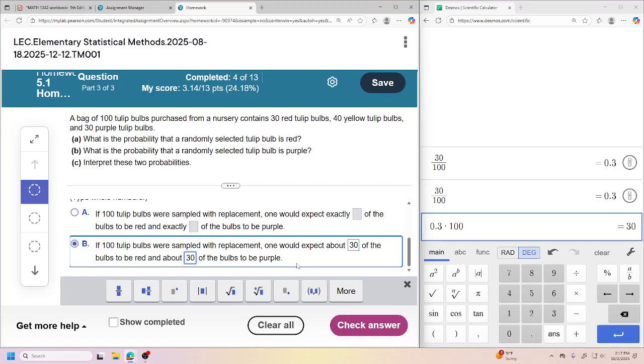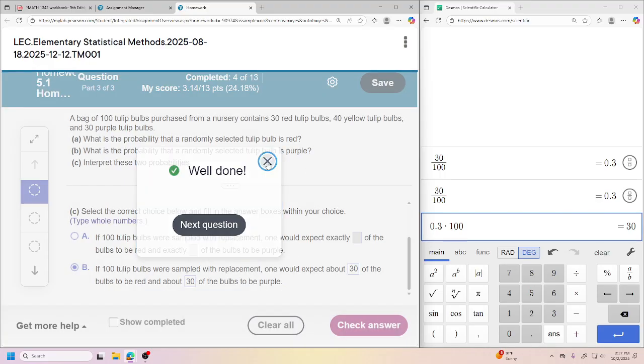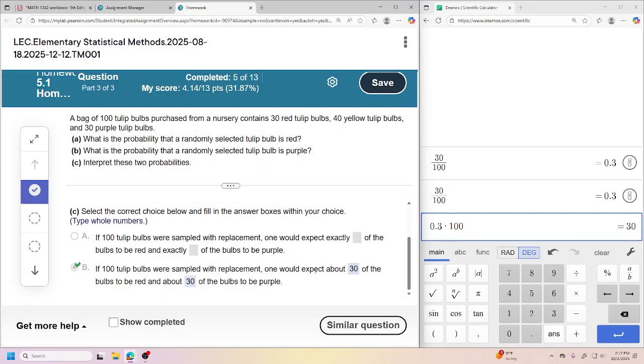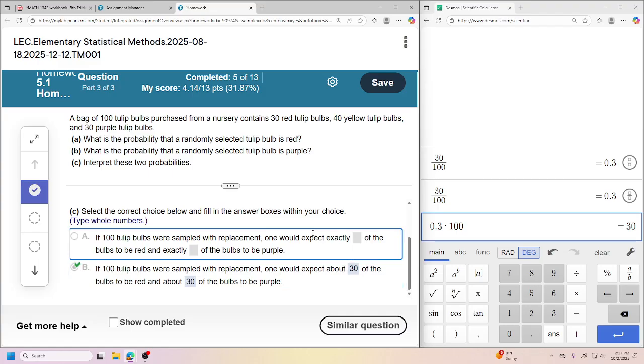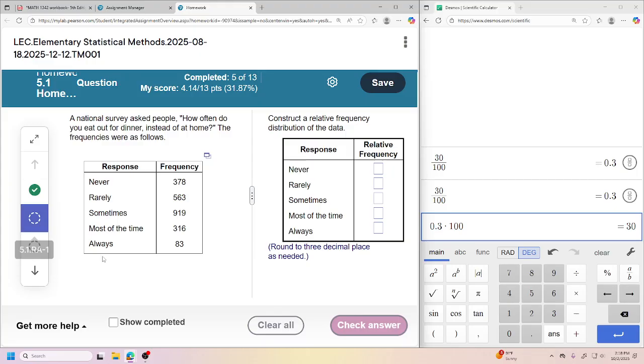And the same thing with the other one, right? I think the main thing is that you don't want exactly, you want about, because what they're doing is taking a tulip, looking at it, putting it back. Shuffle. Grabbing one, looking at it, putting it back. So you're not going to get a perfect 30 if you keep doing that, but it should get around 30. Is that cool? It's just a little word game. That's why I want to bring it up, because, like, what are you wanting from me here, right?